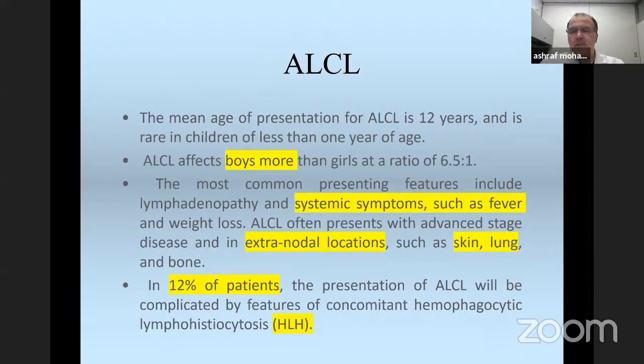So 15% of cases will present with a skin and or lung lesion, and 12% of patients will present with a hemophagocytic-like syndrome. So when you put things together, the only thing that doesn't fit perfectly here is the young age, but things happen.